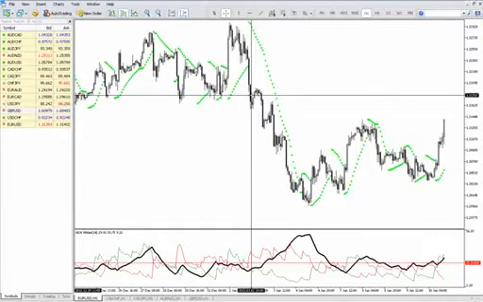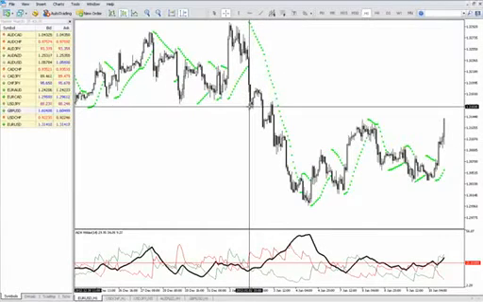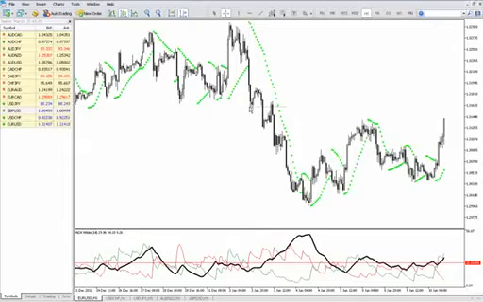Okay, so at this stage we know that there is a downtrend that could happen. Now, as we said, parabolic SAR on its own is just a little bit less reliable than other indicators. So what we need to do is use it in conjunction with another, and once we do that, it becomes a really profitable way of trading.